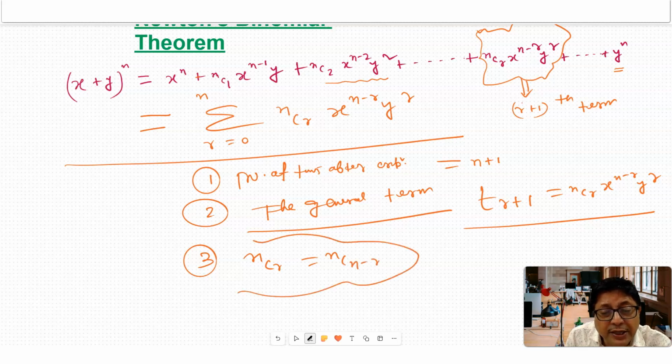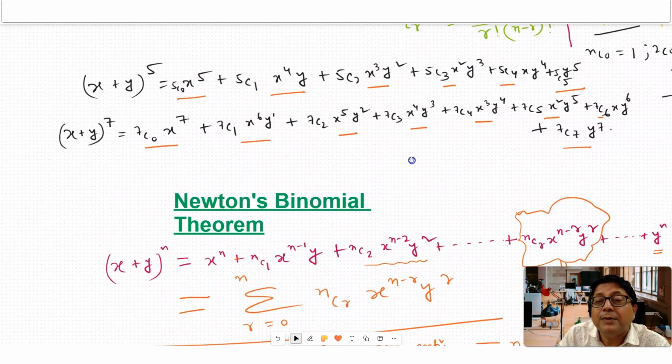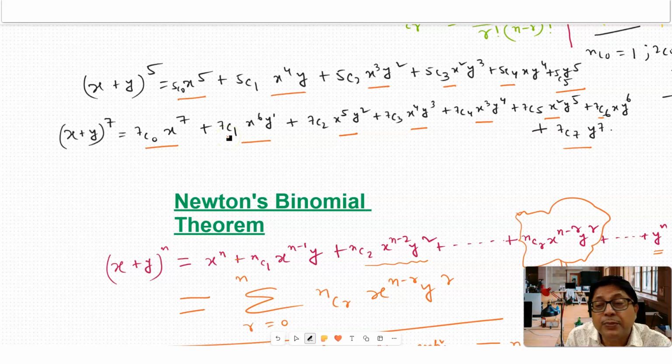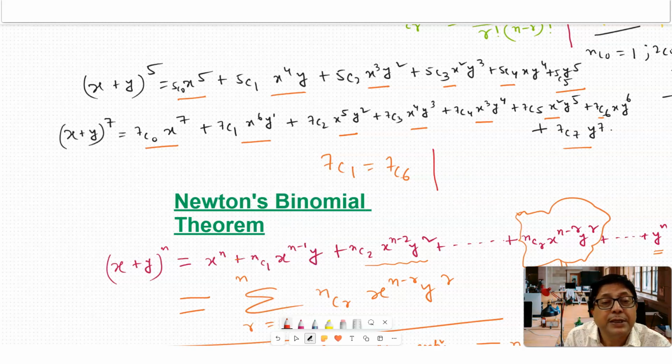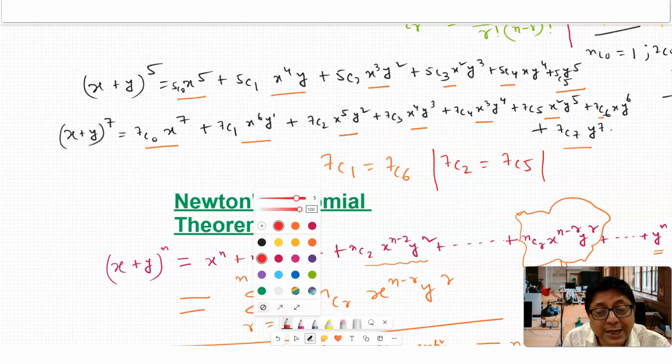This is a formula in combinations, and you have seen that here the second term from the beginning and the second term from the end, 7C1 is equal to 7C6, isn't it? 7C1 equals 7C6. What about this? 7C2 is 7C5. And what about C3 and C4? That also.